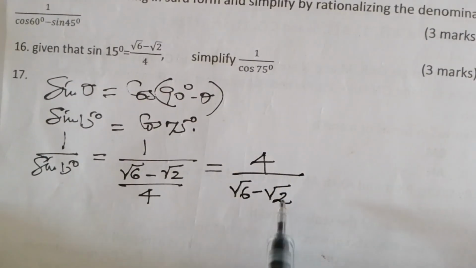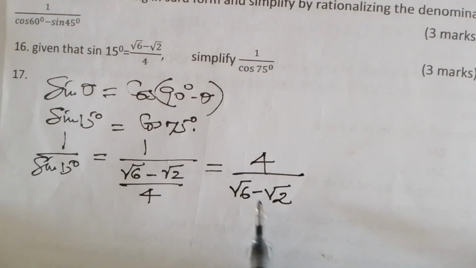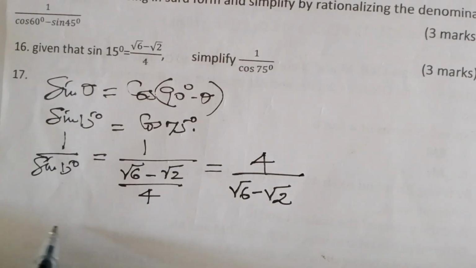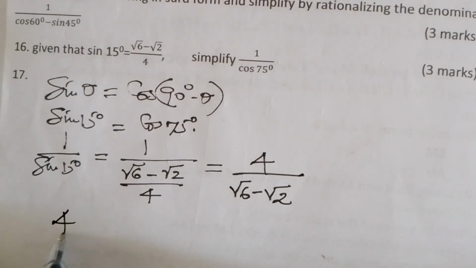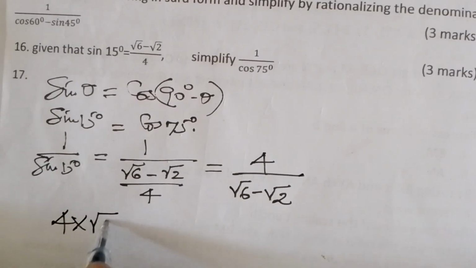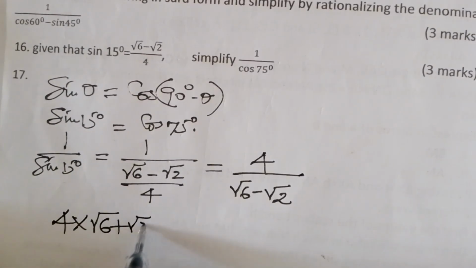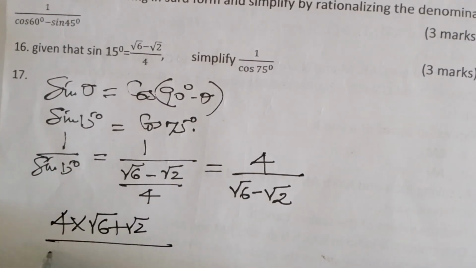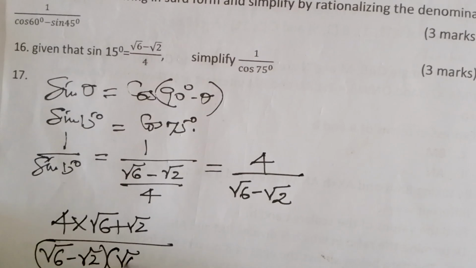And then now we multiply both the numerator and the denominator by the conjugate of root 6 minus root 2. So this will be the same as 4 times root 6 plus root 2 over root 6 minus root 2 multiplied by root 6 plus root 2.